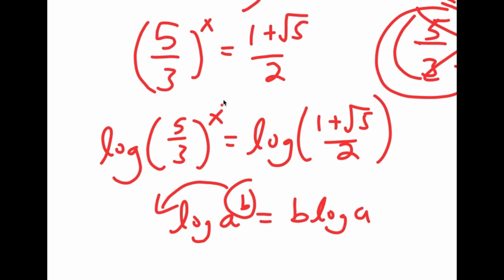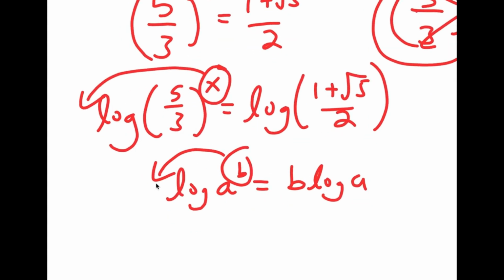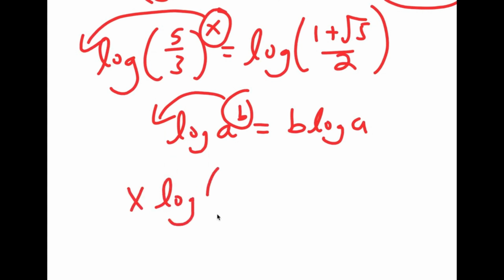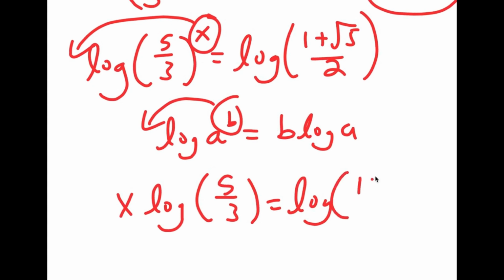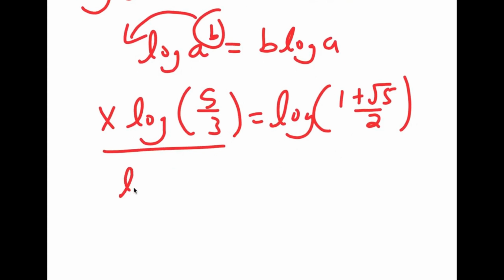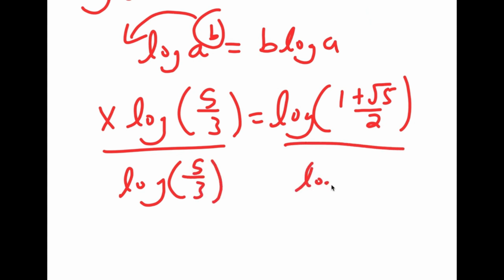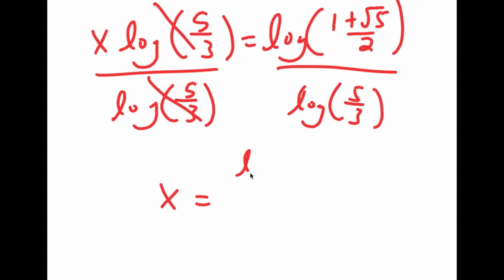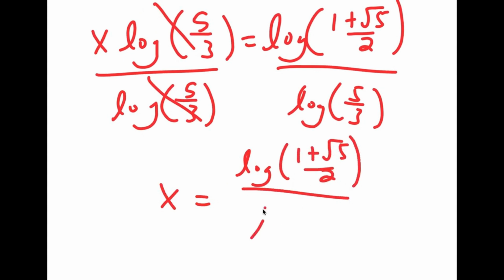So in this case, I can move x to the front, so I get x times log 5 over 3 is equal to log of 1 plus the square root of 5 over 2. Now if I divide both sides by log 5 over 3, these two cancel out, and I get x is equal to log of 1 plus the square root of 5 over 2, over log 5 over 3.